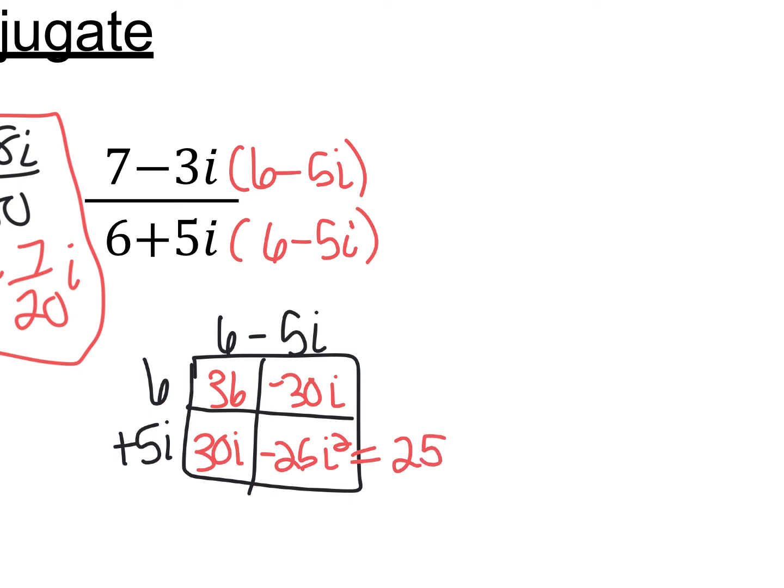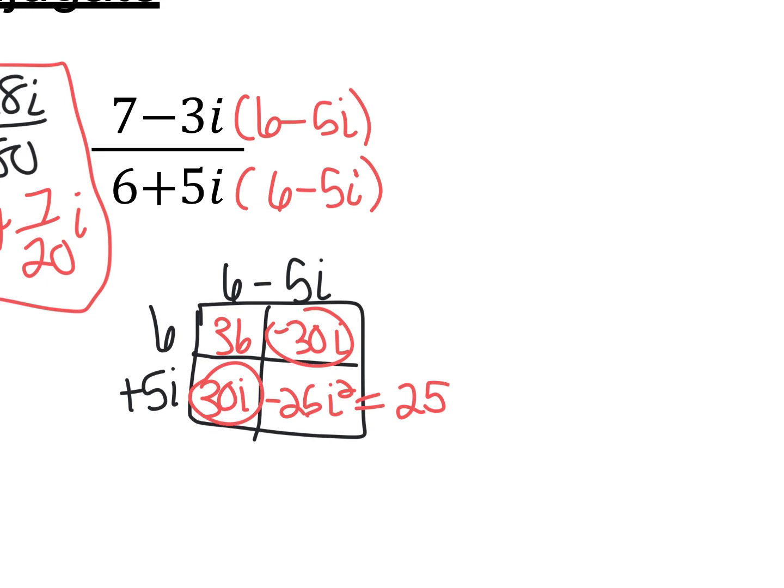So our i's here are going to cancel, and we are going to have 36 plus 25. So if we put our 36 and 25 together, we are going to end up with 61. So our denominator is going to equal 61.